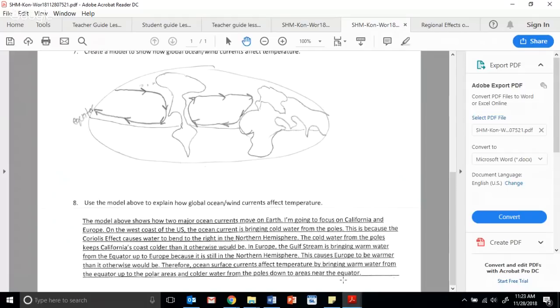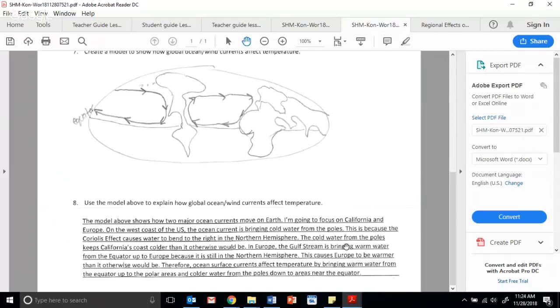You would talk about how air from the equator is being pulled up to the northern parts and the southern parts, and air from the poles is being brought down to the equator to keep the equator a little bit cooler. This is in the Edpuzzle that we did about convection currents. Your model would be different.